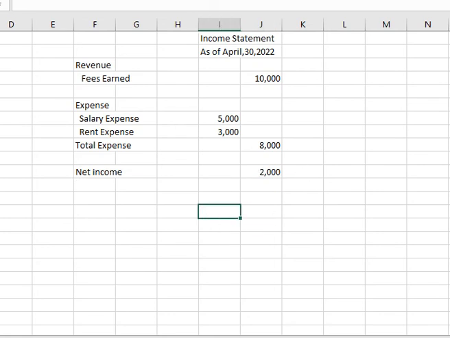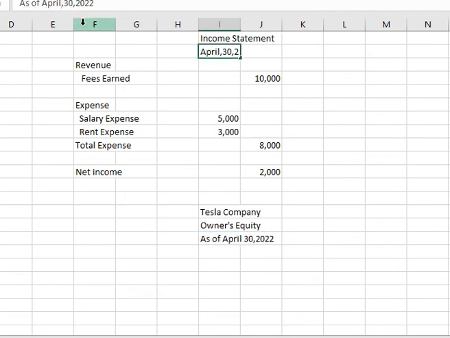Now we go to owner equity. So about the owner equity, we know that we need to write retained earnings, beginning.